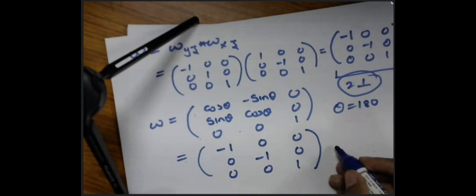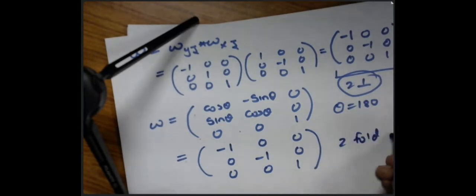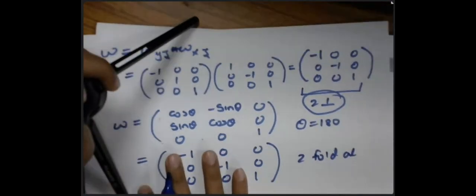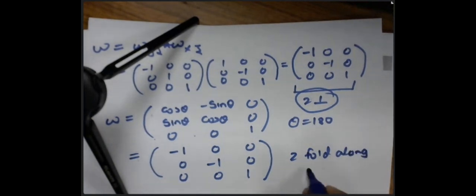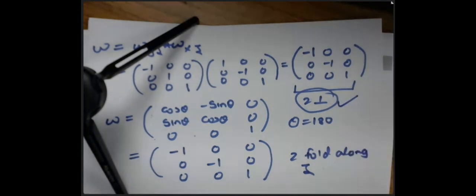This is what we have obtained after the twofold along Z. And this is what we have obtained for the perpendicular mirrors.